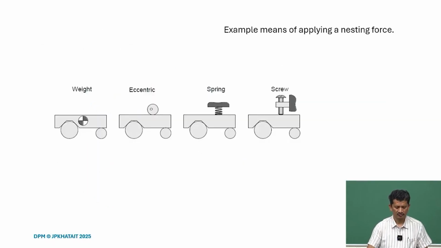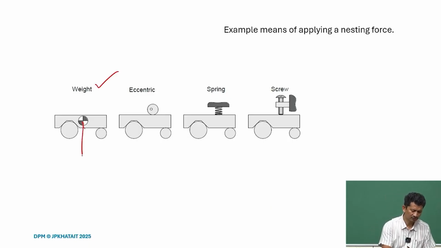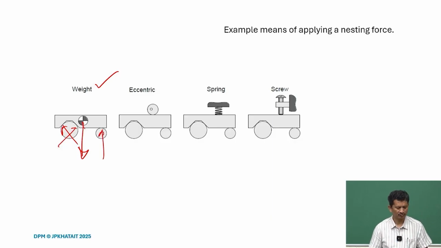There are different ways, as we discussed in the earlier slide, to get the nesting force. One is the weight. Because of the weight, we can always get sufficient contact. So weight can also provide sufficient nesting force, but many times we don't have that luxury.